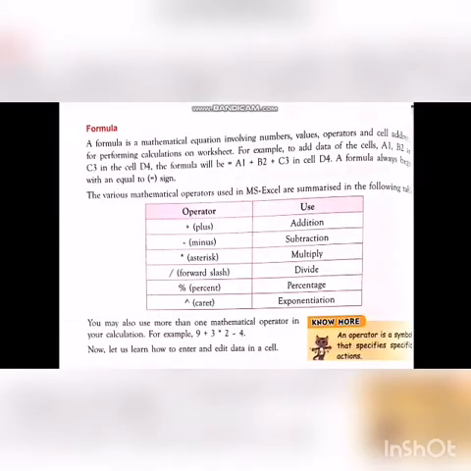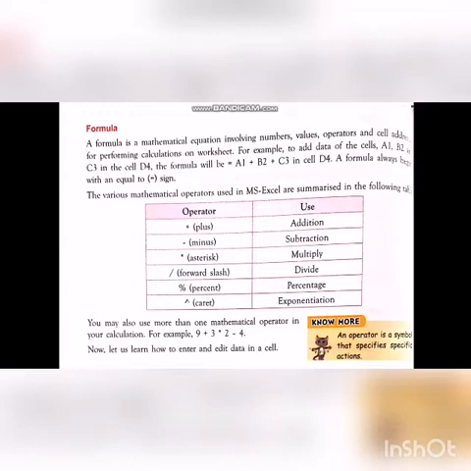Next, formula. What do you mean by formula? For the calculation, you have to use some operators. What are all the mathematical operators used for the calculation? For addition, plus symbol. For subtraction, minus symbol. For multiplication, asterisk symbol. That is star like symbol.